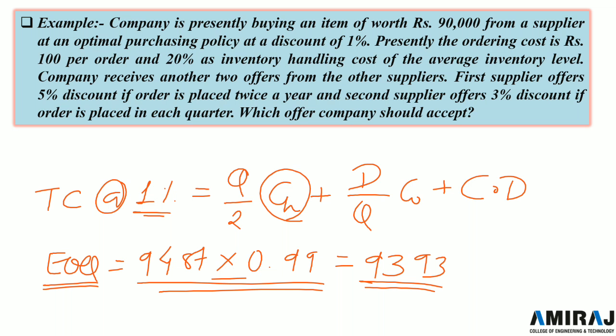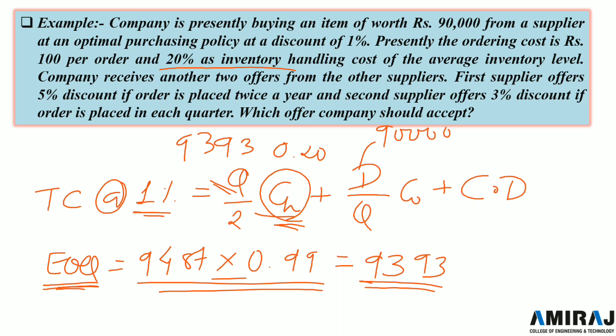Here Q is the economic order quantity for 1% discount, which is 9393, and the holding cost is the 20% handling cost, so CH will be equal to 0.20. Demand will be 90,000.